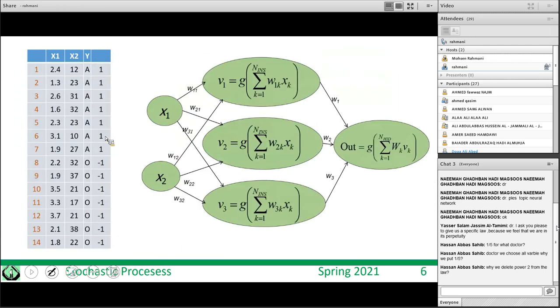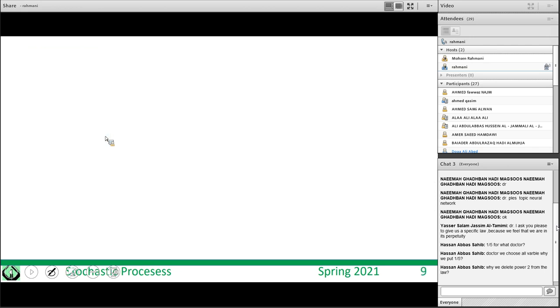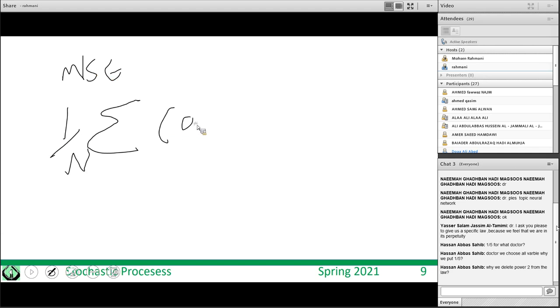This is just definition. Have a look here. We have some measures for error. I said that MSE is the summation of output minus desired output power 2.